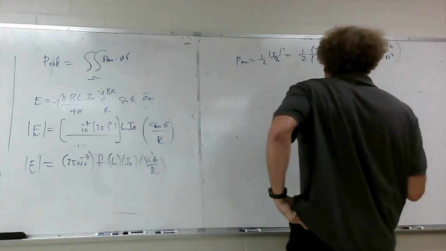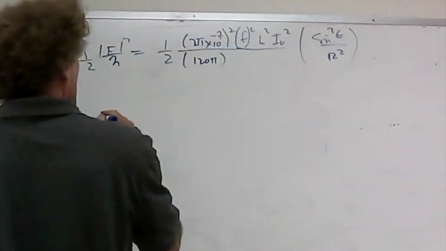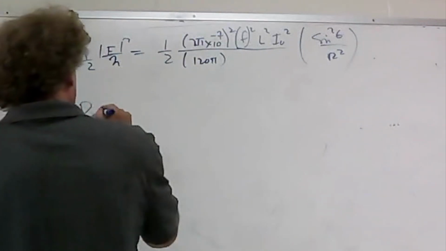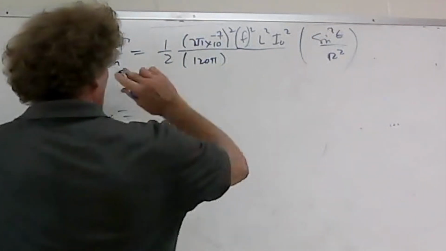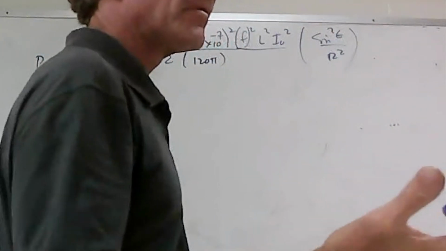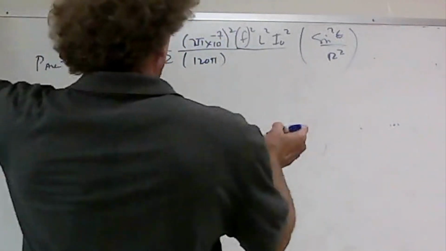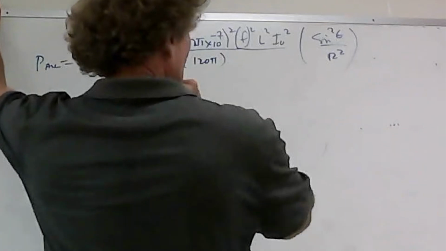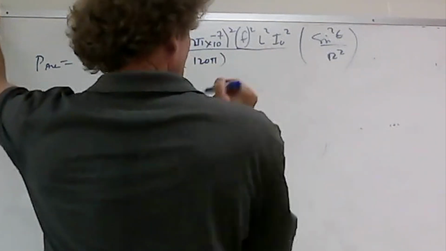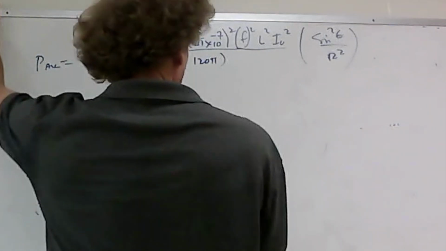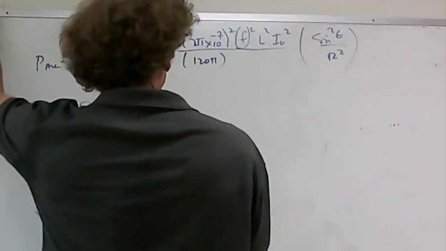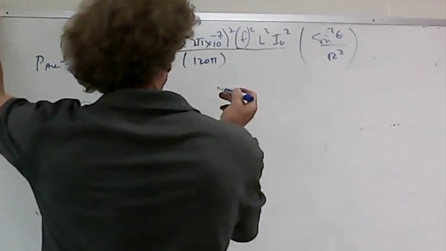Now what that tells me is the actual P max is going to be all this. Let's see if we get there. You follow what I'm doing? I'm just trying to get this down to something reasonable. The entire thing is just a constant.